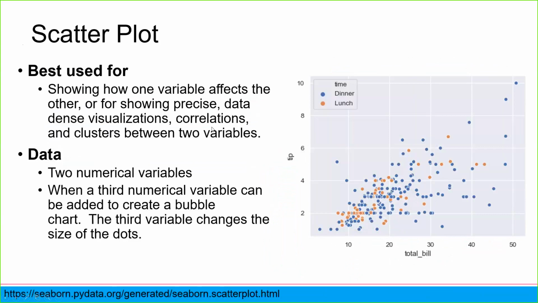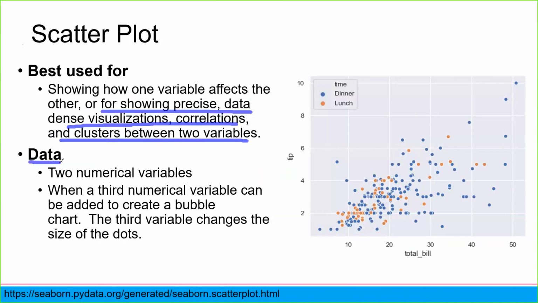Scatter plot. The scatter plot is good to show one variable that affects two other variables, or to show precise data, dense visualization, correlation, and clusters between two variables.